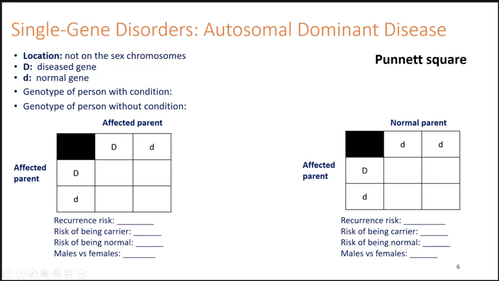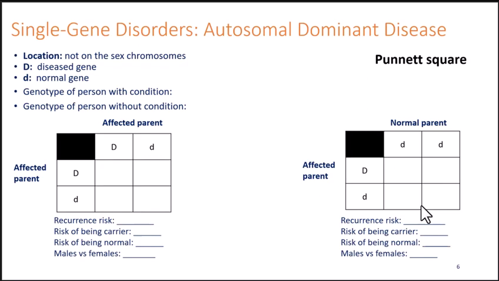Okay, moving on now to talk about what is called a Punnett square. So what you see here are two examples of a Punnett square, which is just a very simple diagram that's used to determine the probability of an offspring having a particular genotype and the risk that they will actually have a condition.